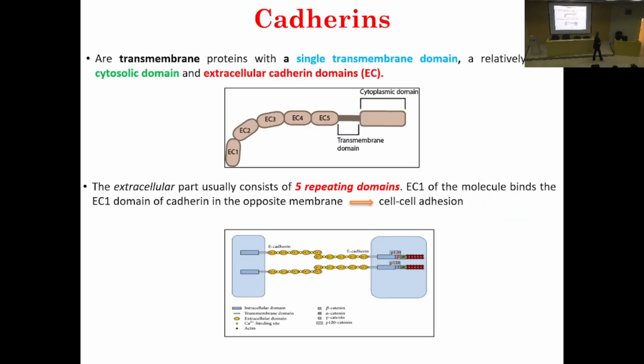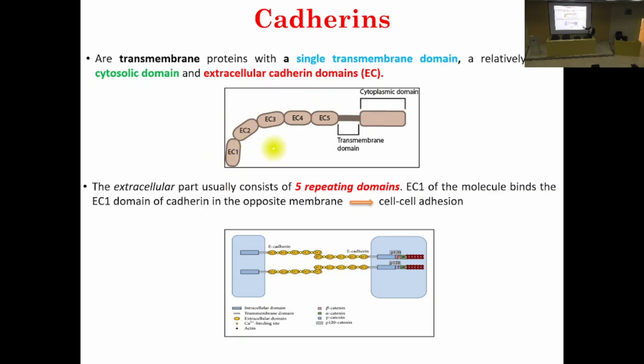So let's start first with the cadherins. The cadherin, as we said, is a transmembrane protein with an extracellular domain, transmembrane domain, and a cytoplasmic domain. If you look at the picture here, this is the extracellular domain.